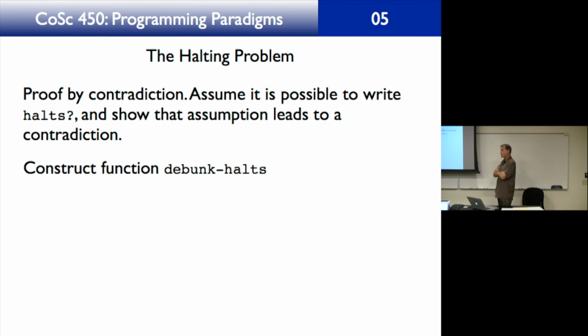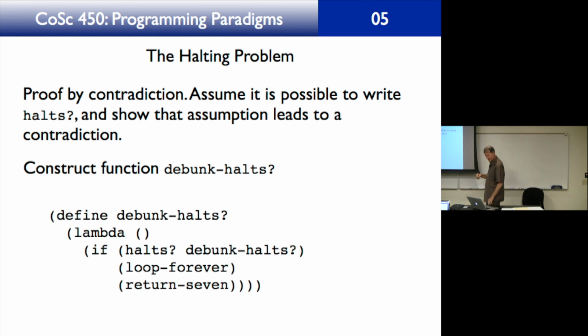And how did we construct debunk halts? What did debunk halts take as a parameter? Or did it? Maybe it didn't. I think it might not have taken anything. We just wrote it with no parameters, and we said, if halts debunk halts. Yeah, we called it on itself.